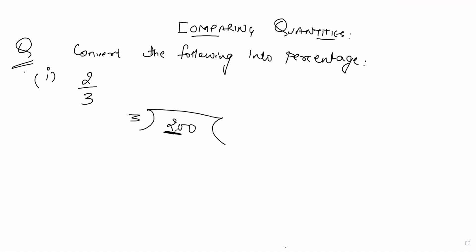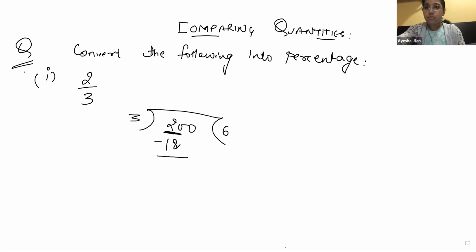Right. So is 21 helpful for us? No, ma'am. Is 18 helpful for us? Yes, ma'am. So if I multiply 3 by 6, I write 6 over here, right? 3 sixes are 18. I will subtract 18 from 20, right, Aisha? Yes, ma'am.